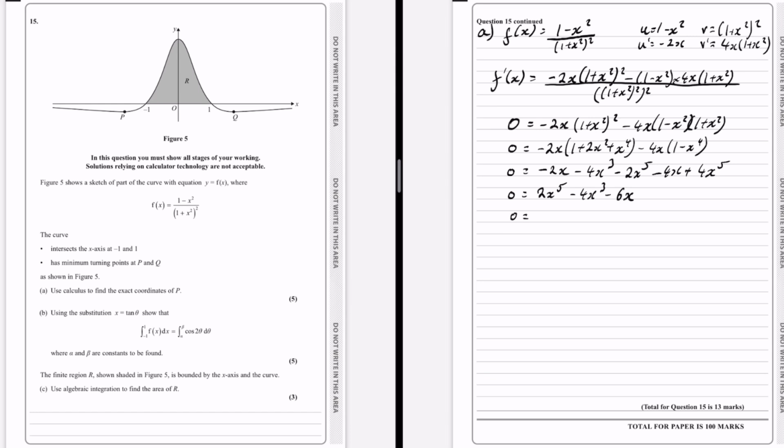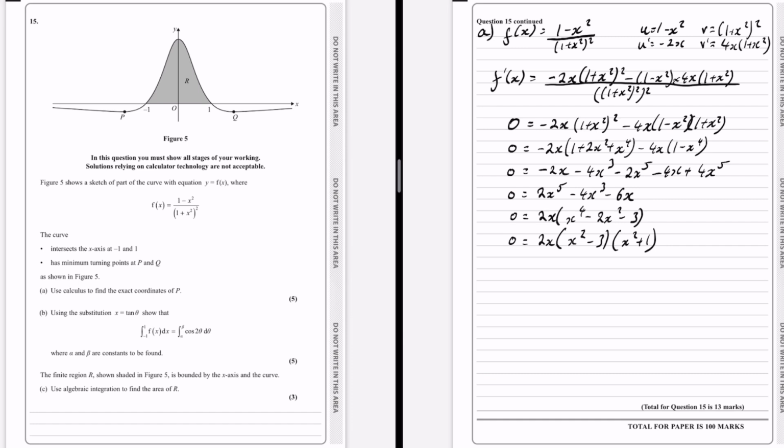That's going to factorize. I'm going to factorize out 2x to begin with. So 2x, lots of x to the power 4 minus 2x squared minus 3. That's a disguised quadratic, so I'm going to factorize that. It's 2x, lots of x squared minus 3, x squared plus 1.